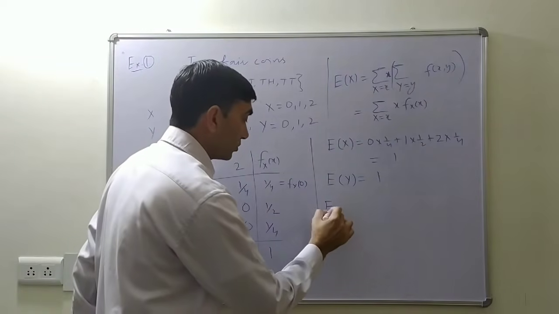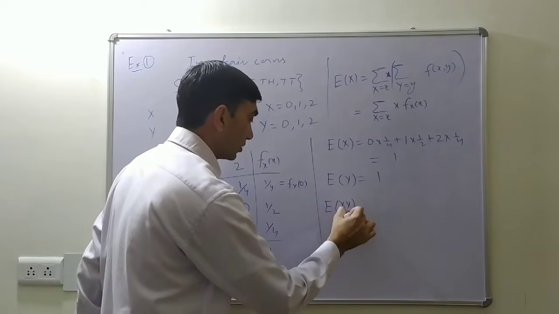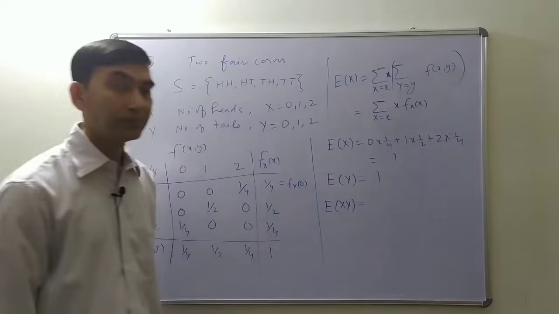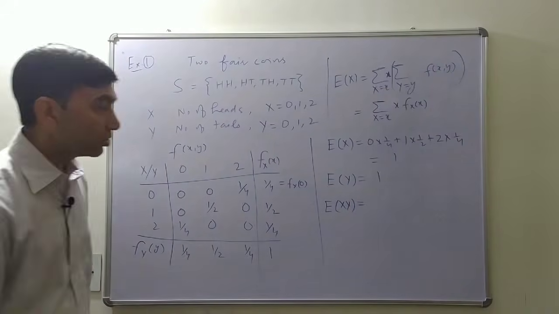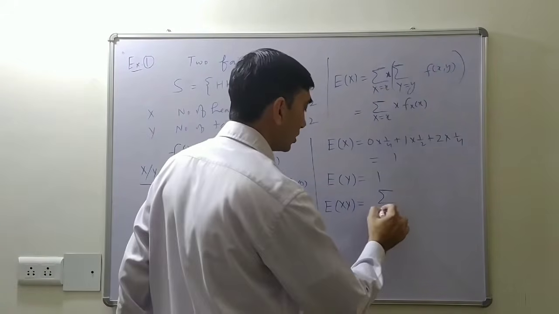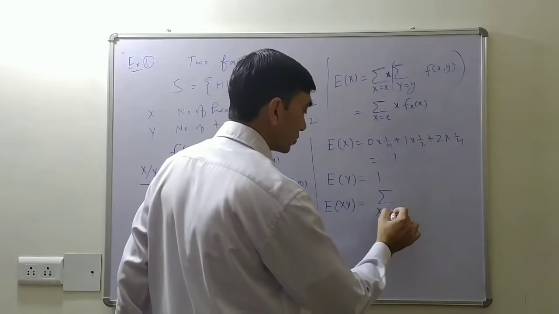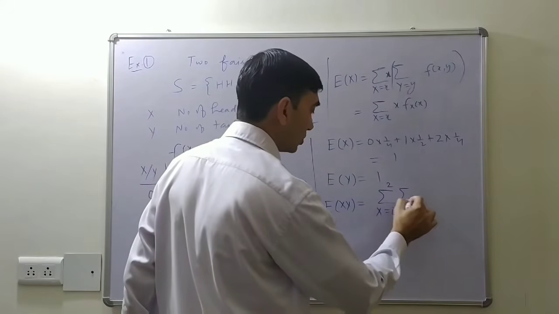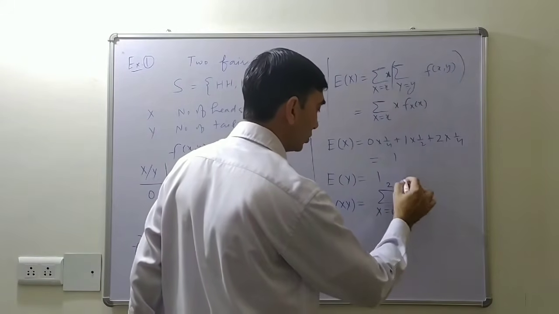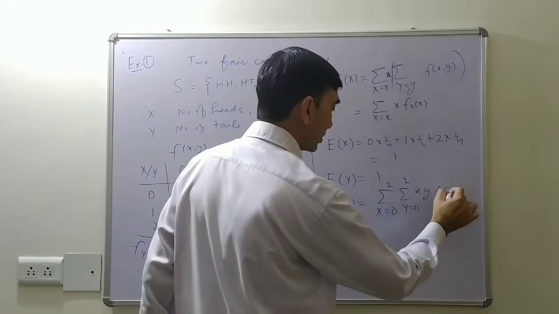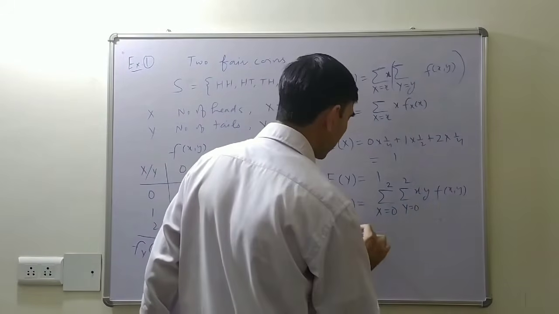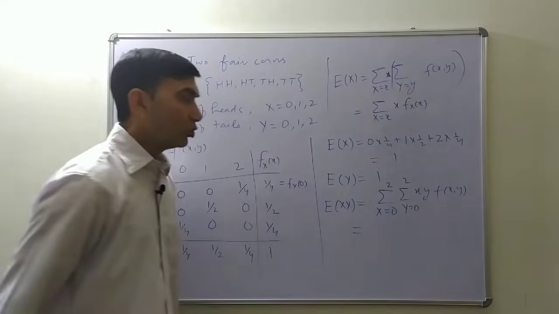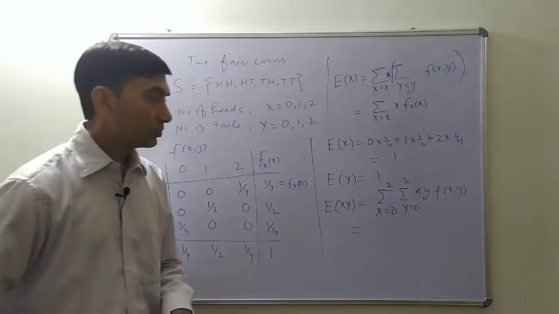Next, if I want to calculate E[XY], what to do? By definition, E[XY] is summation x 0 to 2, summation y 0 to 2, xy, f(x,y). So how to perform this double summation?